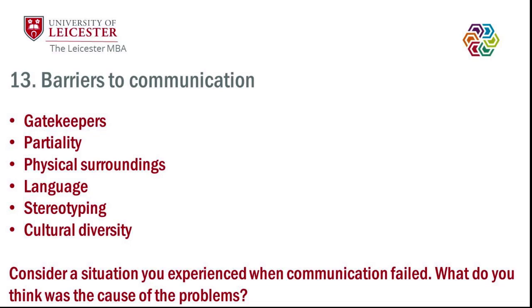Stereotyping. Stereotyping occurs when we assume that the other person has certain characteristics based on the group to which they belong, without us first checking whether or not they actually do have these characteristics.